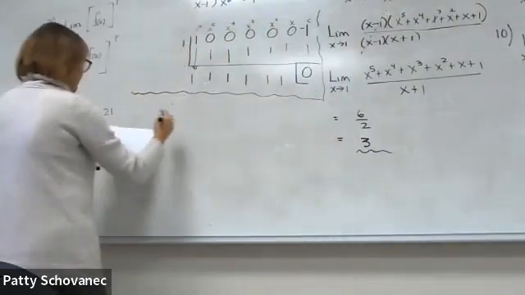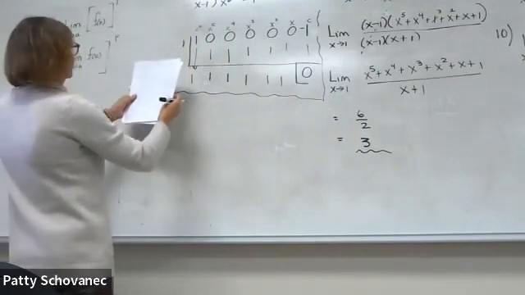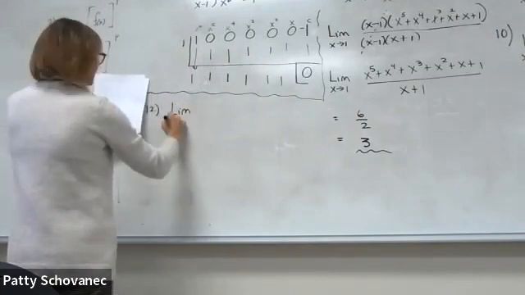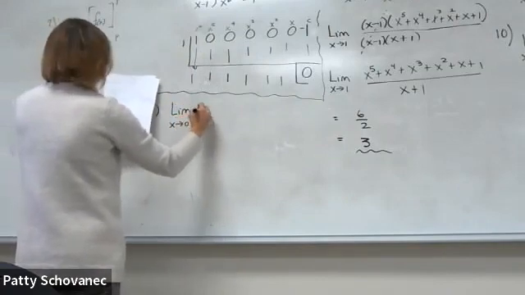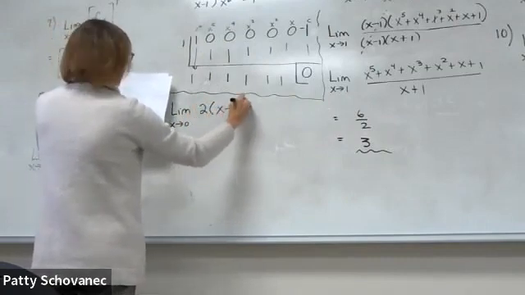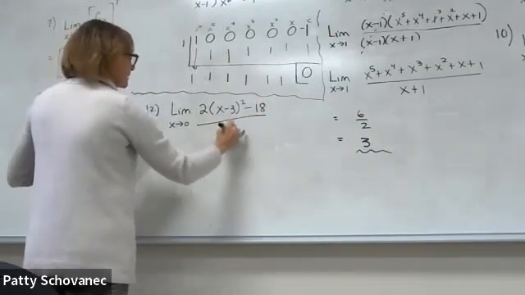This is problem number 12. I lost a space in number 11 and 12. We're looking for the limit as x goes to 0 of 2 times the quantity x minus 3 squared minus 18, all divided by x.